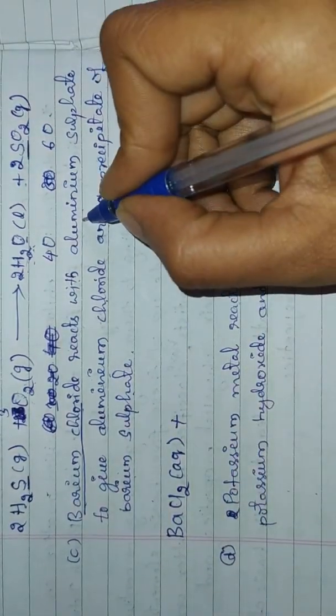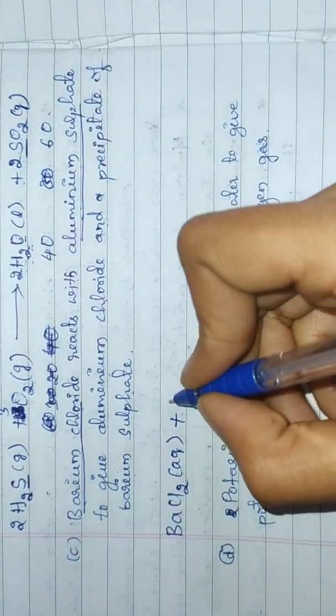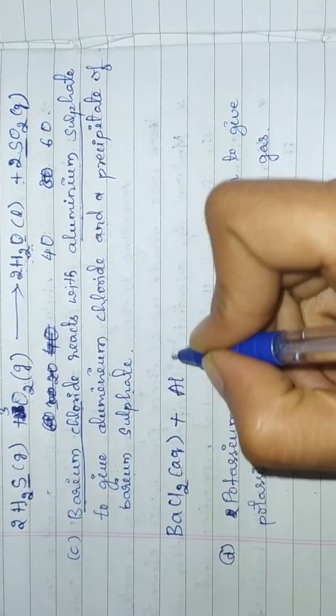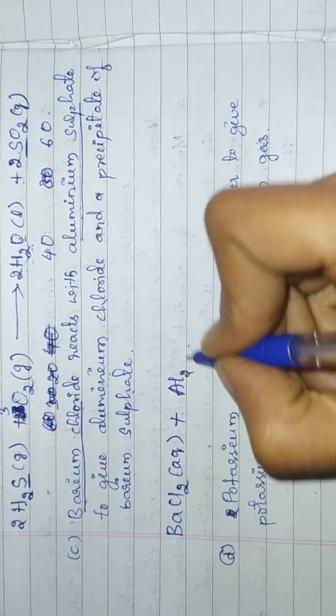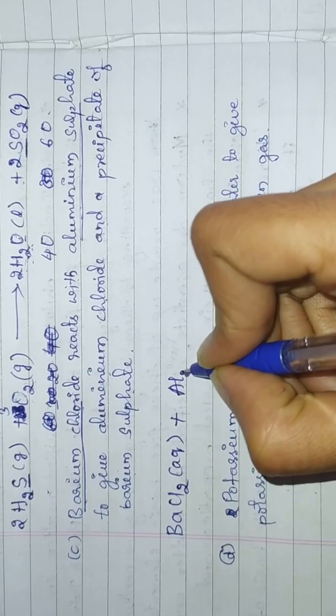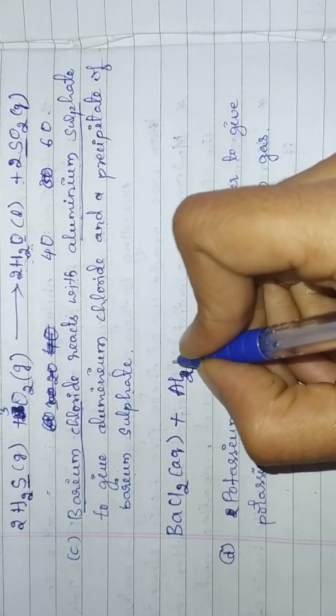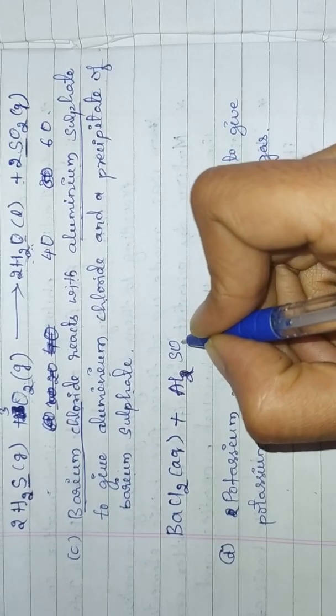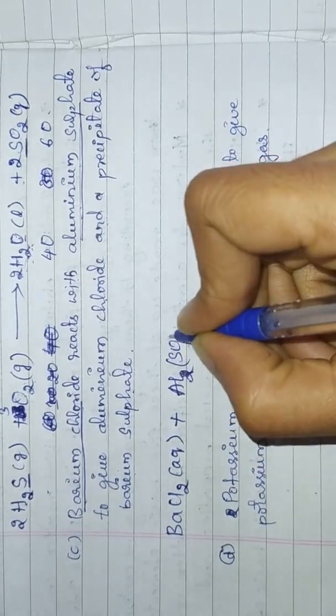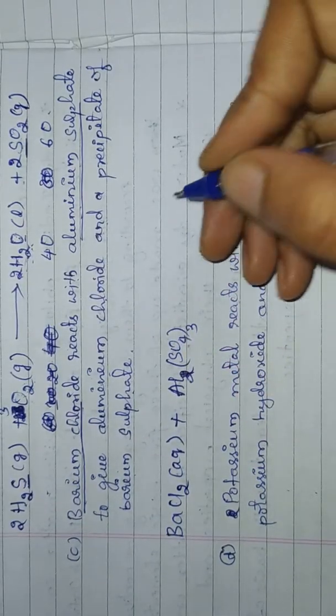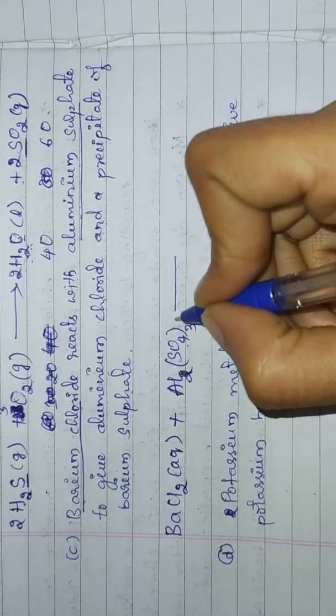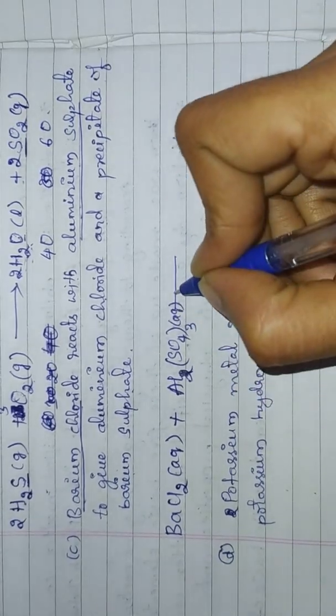It reacts with the aluminium sulfate. Chemical formula of aluminium sulfate is Al2(SO4)3. Again it is an aqueous solution.